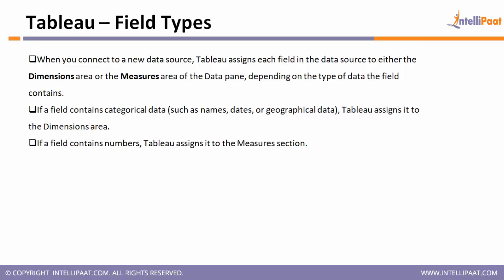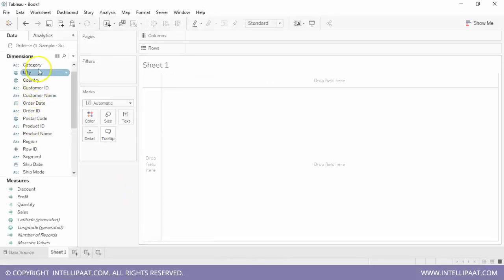The corresponding fact values which contain numbers are assigned to the measure section. So when you connect to any data source, Tableau automatically separates the dimensions and measures. You can see here we have dimensions, which are categorical values, date fields, ID columns, and the corresponding numerical fact values classified as measures.